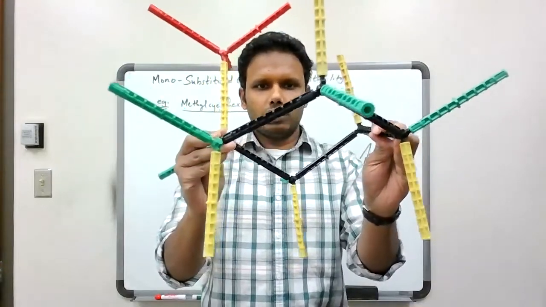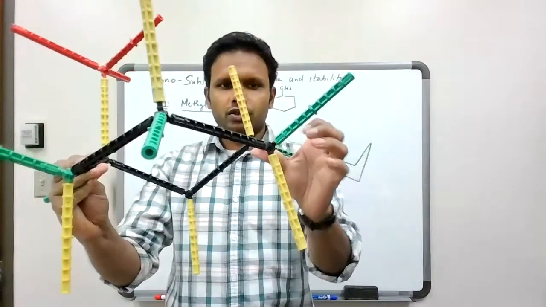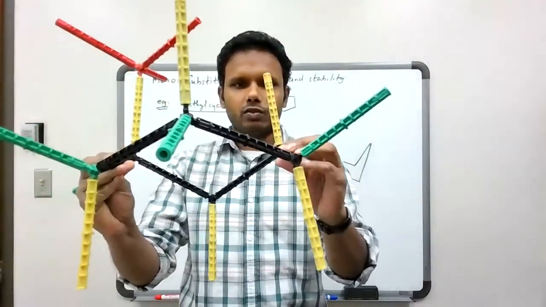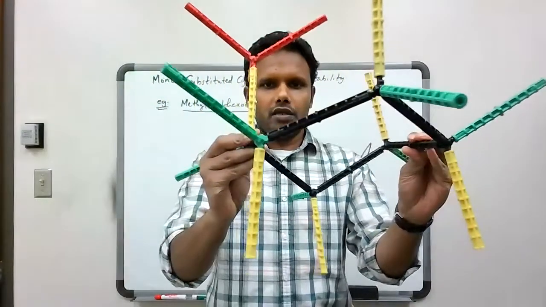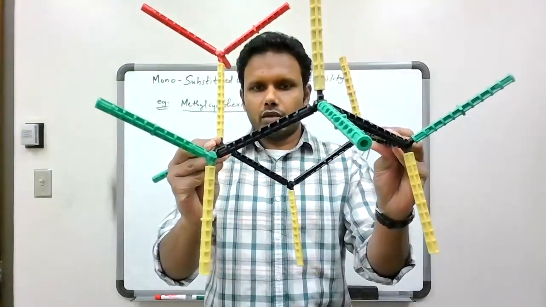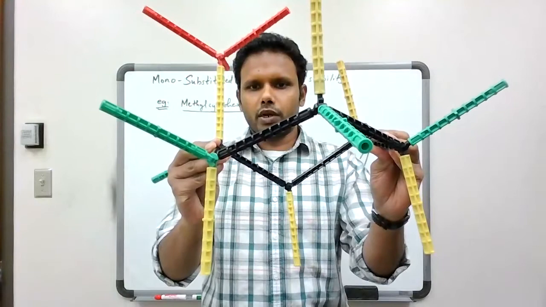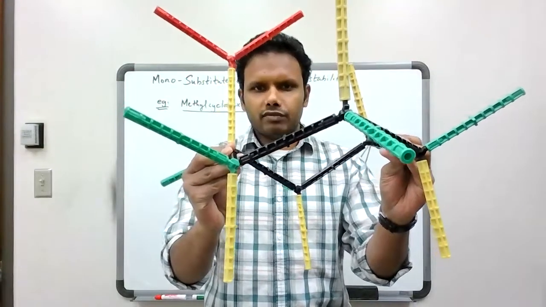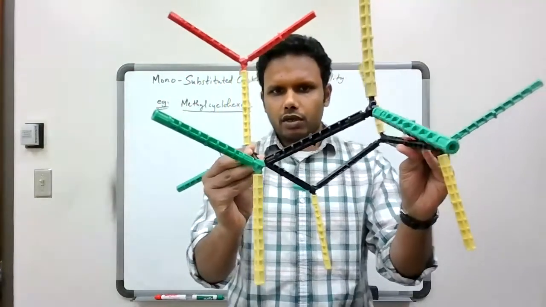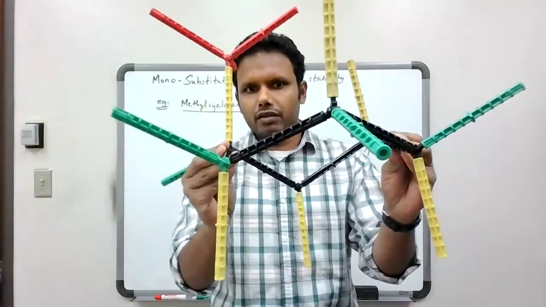Okay, so let's do a Newman projection like this. You're looking down this carbon-carbon bond here, the one that I'm holding in my left hand, and a Newman projection about the carbon-carbon bond that I'm holding in my right hand. Okay, and we just have to focus on this carbon-carbon bond because that's where the methyl group is.